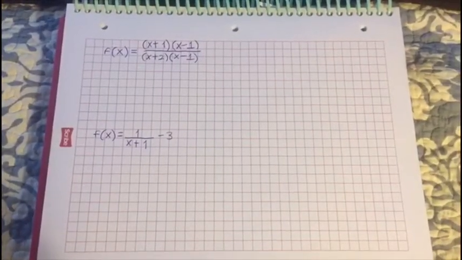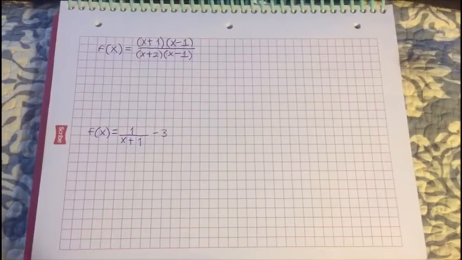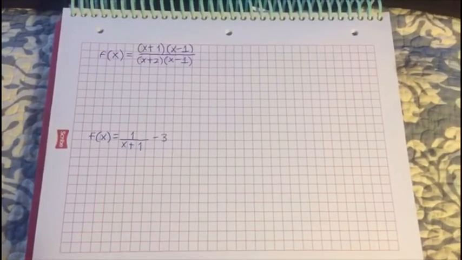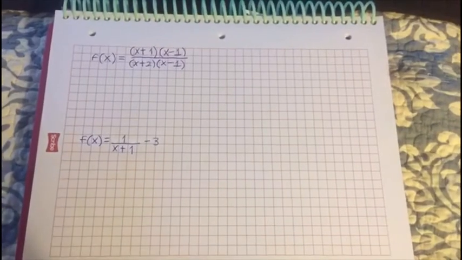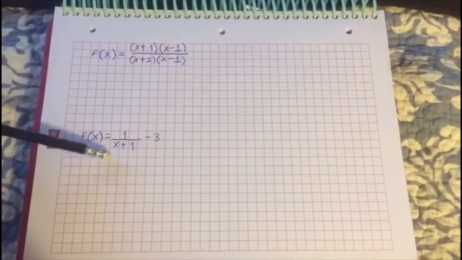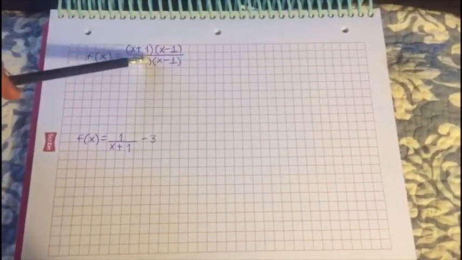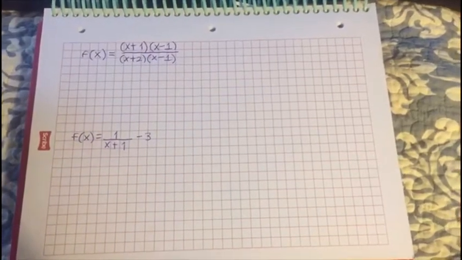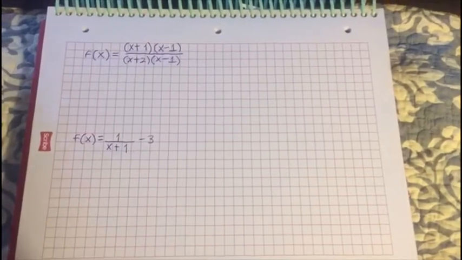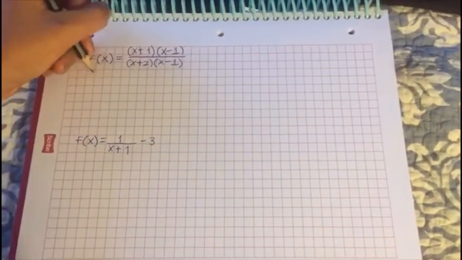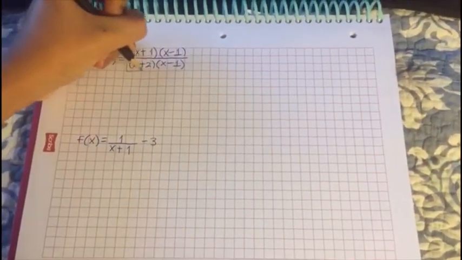Okay, so now I'm going to show you how to get the vertical asymptote and the horizontal asymptote. Okay, so we have two examples, this one and this one. We're going to start with this one. So first you need to analyze this function. In order to find the vertical asymptote, you need to take the bottom part.